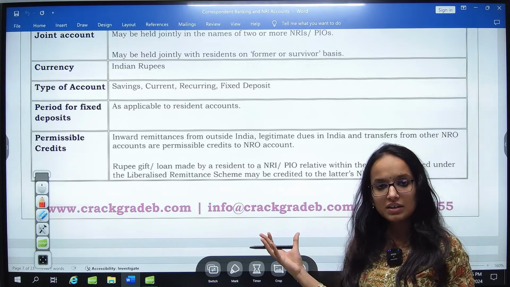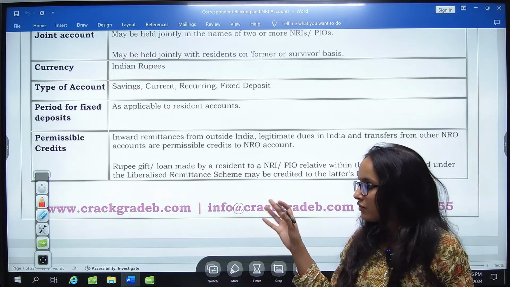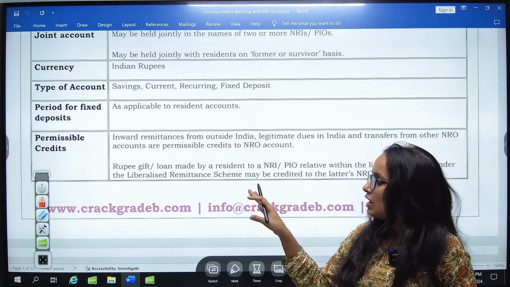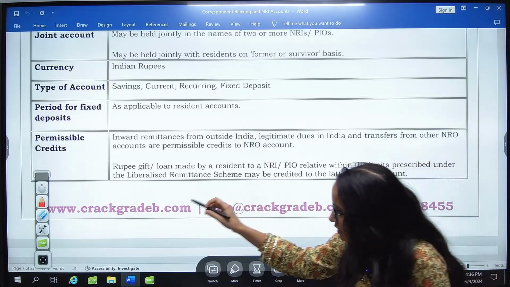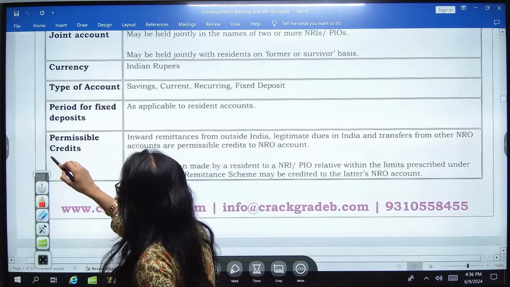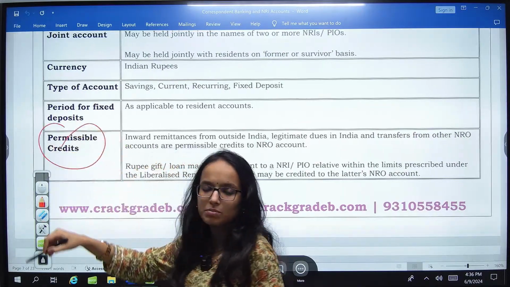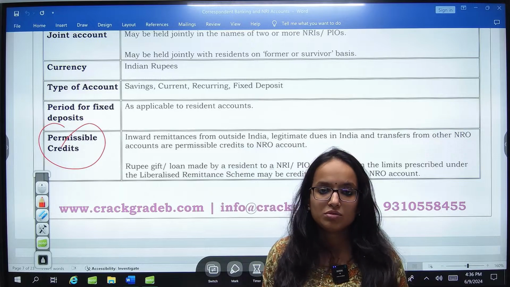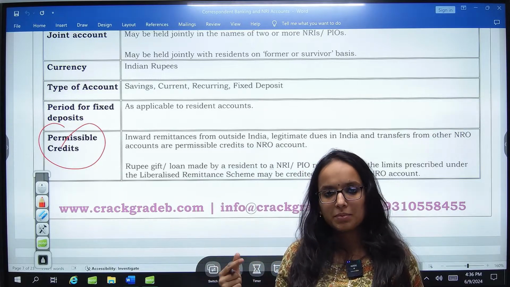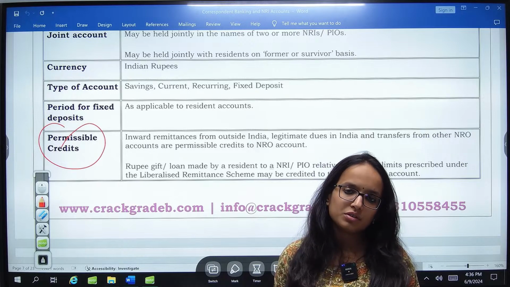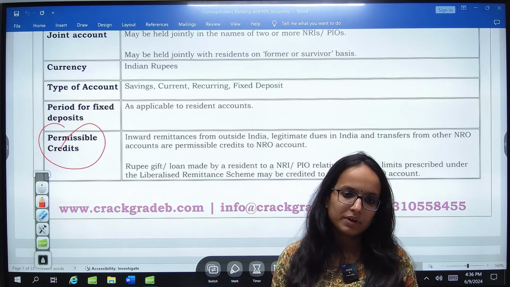Then we started discussing the NRO account and compared its features with NRE and FCNRB, up to permissible credits. Further, permissible debits and all other particulars will be discussed in the next session.